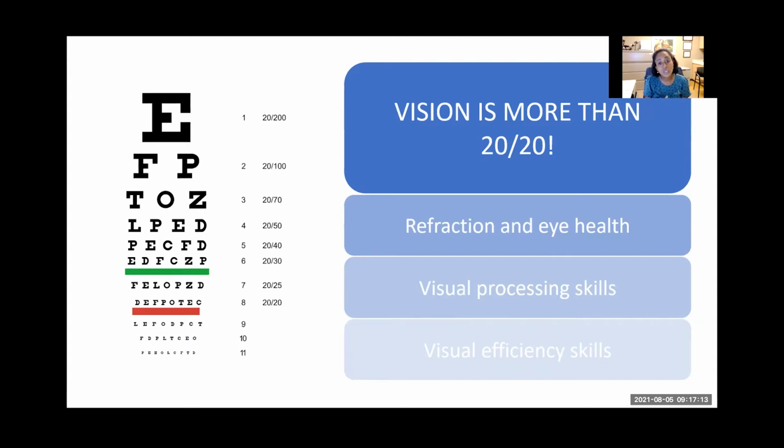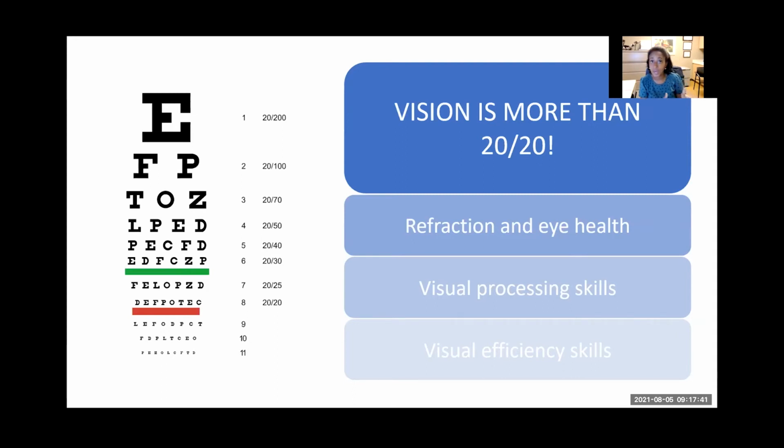But so is the efficiency in the way we use our eyes, and processing skills. How well do we gather the information from the world around us, and once we have that information gathered, how can we interpret it? Are we accurate with making decisions about how far or close something is to us? What is the texture of that item? Is it moving toward me or away from me? What's the trajectory of that item?